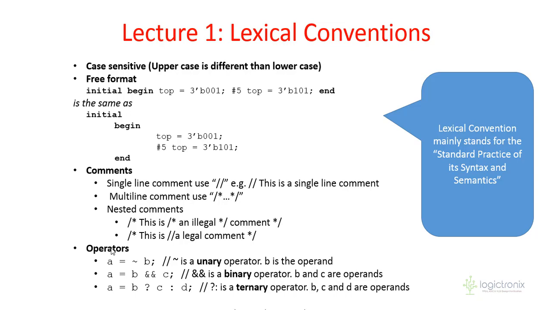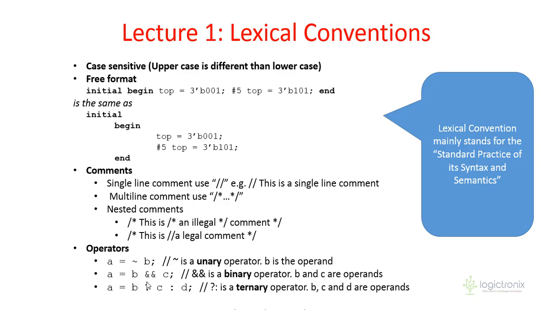So another is operators. There are mainly three types of operators in Verilog, as in the C language. Some operators are unary operators, which only need a single operand. Here B is the operand, and this tilde is a unary operator, so it just inverts B and gives the value to A. Another is double AND, which is a binary operator.